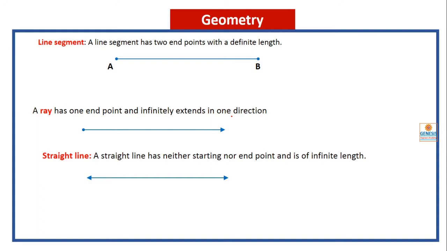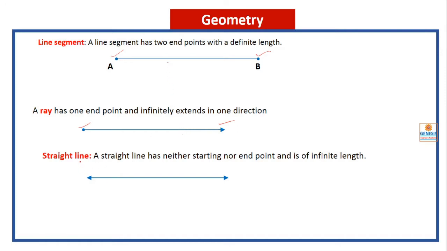But a part of a line, we call it a line segment, that will have two ends. That is, A is one end point, B is another end point. So, a line segment, sometimes called a line, will have two end points, but a ray will have one end point and the other one infinitely extends in one direction.